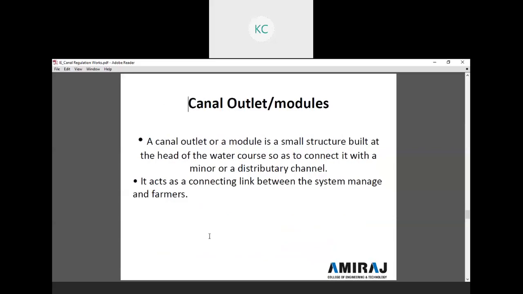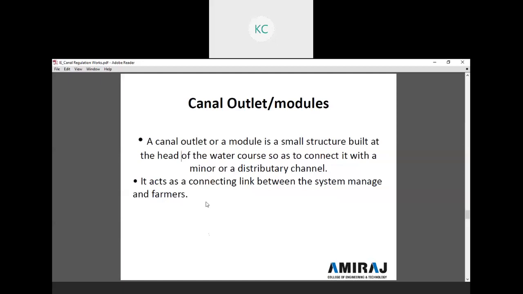Canal outlet or modules. A canal outlet or module is a small structure built at the head of the water course so as to connect with the minor or distributary channel. It acts as a connecting link between the system manager and the farmers.